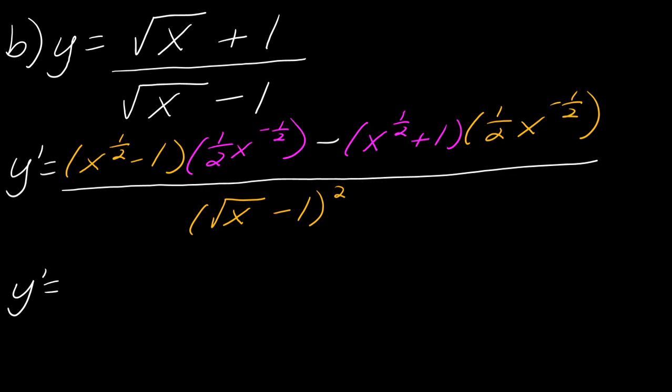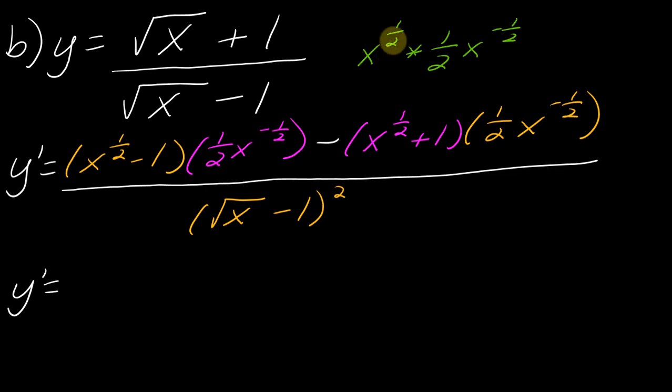So if I wanted to figure this out, I'm taking x to the 1/2 times 1/2 x to the negative 1/2. Sometimes people second guess themselves on what to do with this. So just do a side calculation and figure it out however it makes sense in your brain.